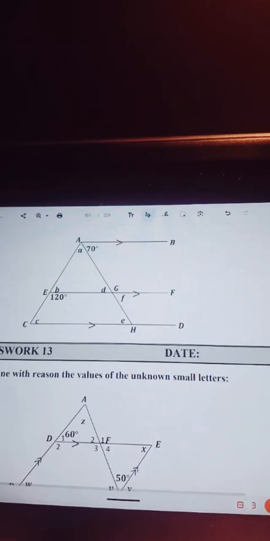A plus 70 is equal to 160? Not a chance. That's not true. B plus 120 is equal to 180, co-interior angles.